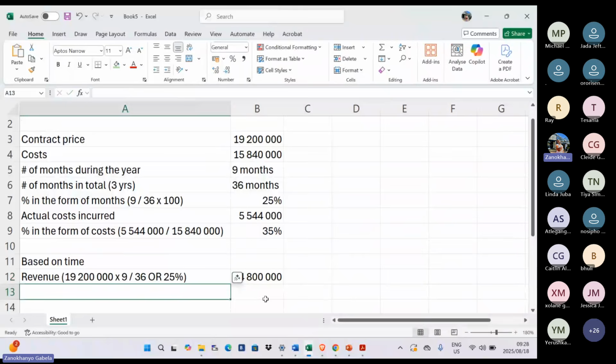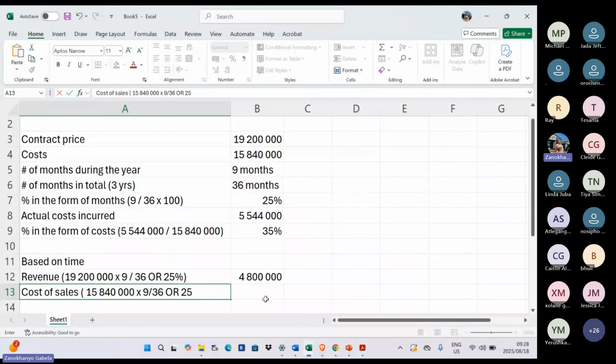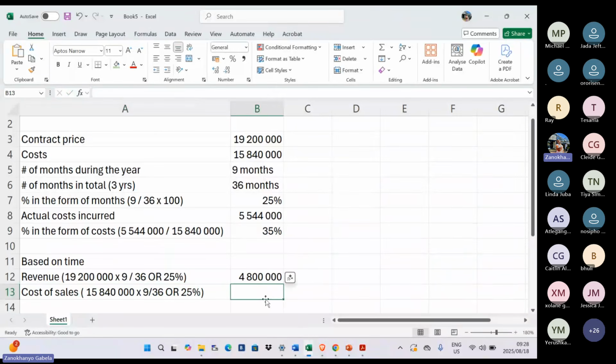And then now we're going to talk about cost of sales. We're going to follow suit. So the cost of 15,840,000 times 9 over 36, or 25%. Perfect. Multiply by 25%.